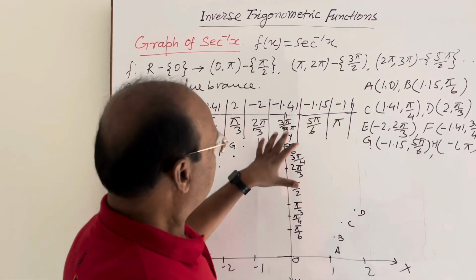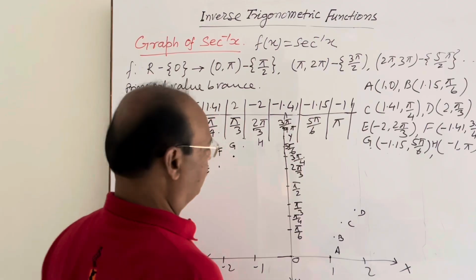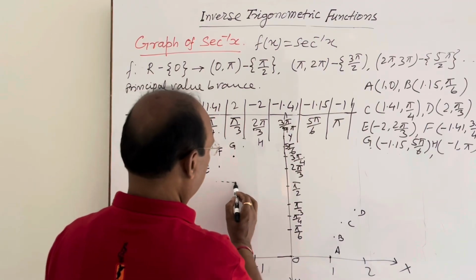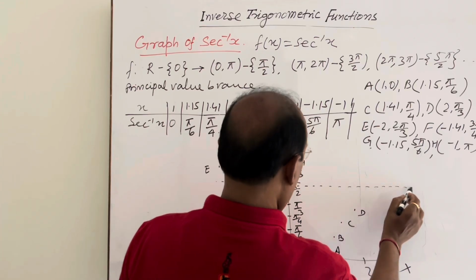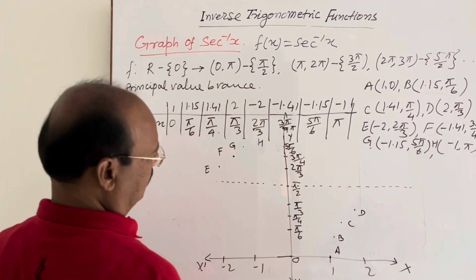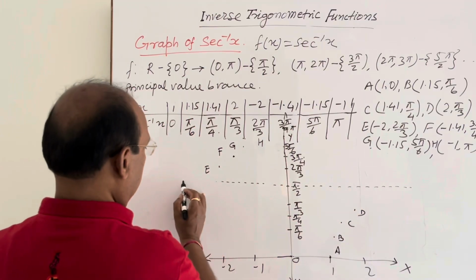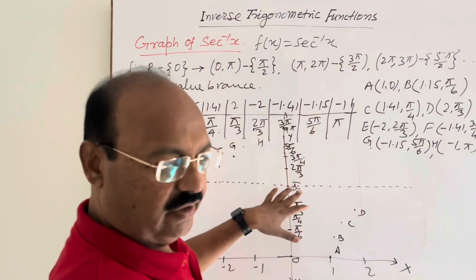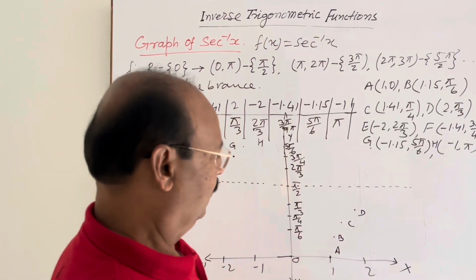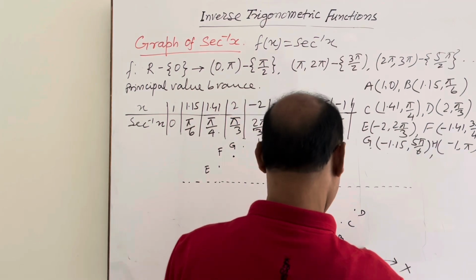Clear? As we have already discussed, this function sec inverse x is not defined at pi by 2. So our graph for sec inverse x will not touch this line. Okay, this broken line, it will not touch. So let us draw a freehand curve now.